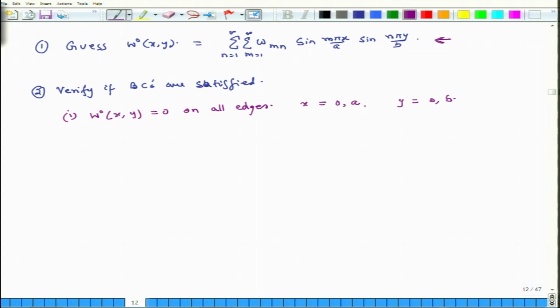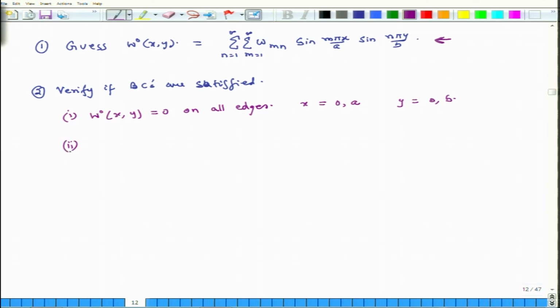Similarly, x is equal to a gives sine of m pi, and sine of m pi is again 0. So, the boundary condition is satisfied on both the x edges and similarly on both the y edges. At least from the standpoint of boundary condition on w, this function satisfies our requirement.